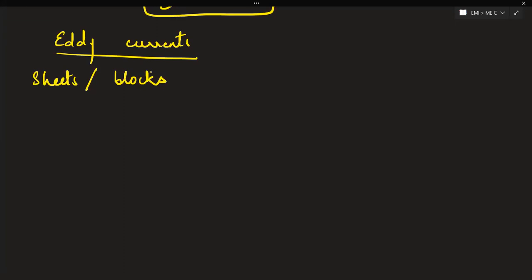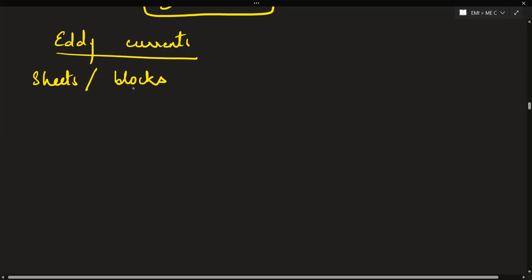Now what happened whenever the magnetic flux linked with a sheet or a block got changed, whether it increased or decreased? EMF got induced. Whenever this EMF was induced, the induced current flowed in closed paths in planes perpendicular to the lines of force.